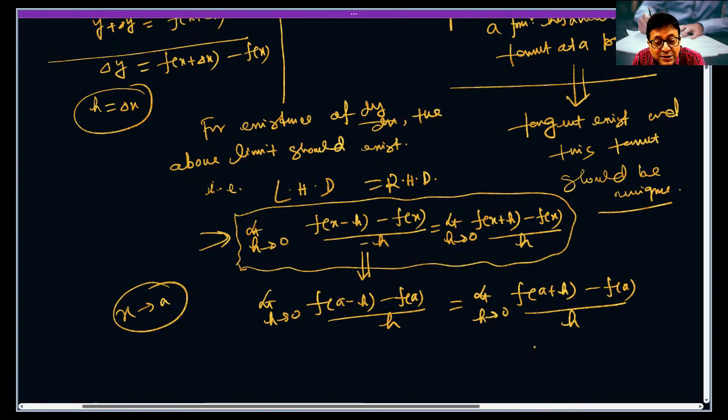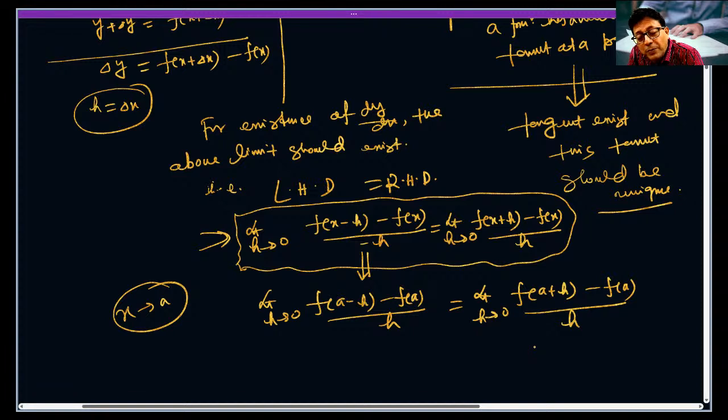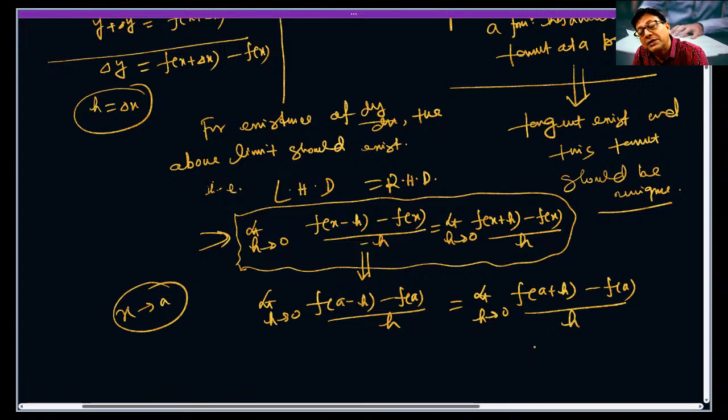This is the slope of tangent from the left hand side of the point a, and this is the slope of tangent from the right side of the point a. If they are equal, they coincide, then only the function is differentiable.